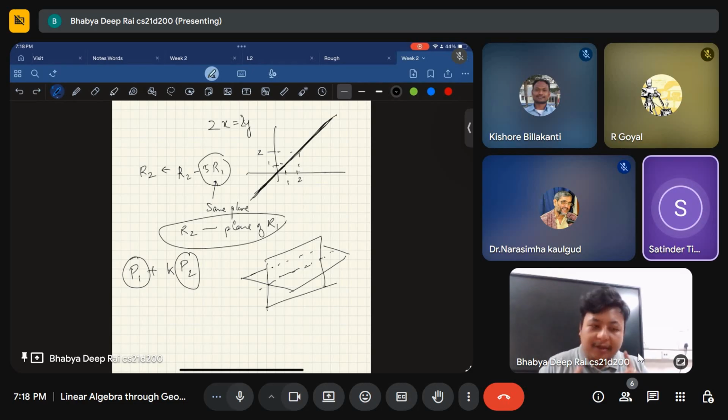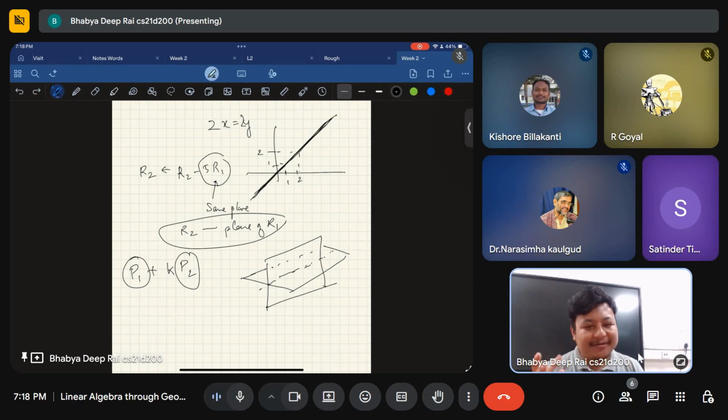Exactly. So let's say this is P1 and this is P2, and I do P1 plus P2, that is P1 plus 1 times P2. What will that look like? It will pass through the same point.